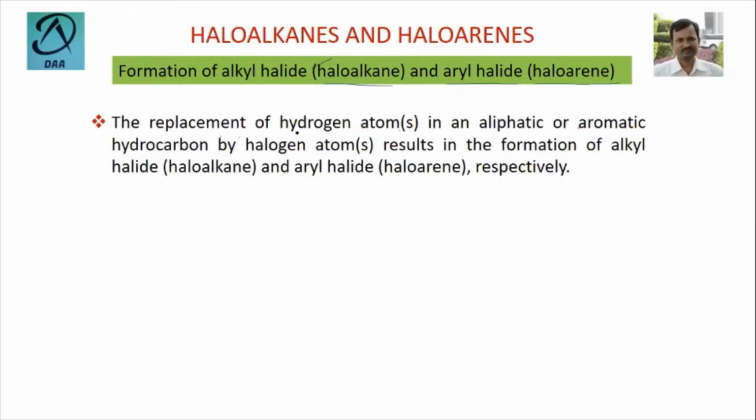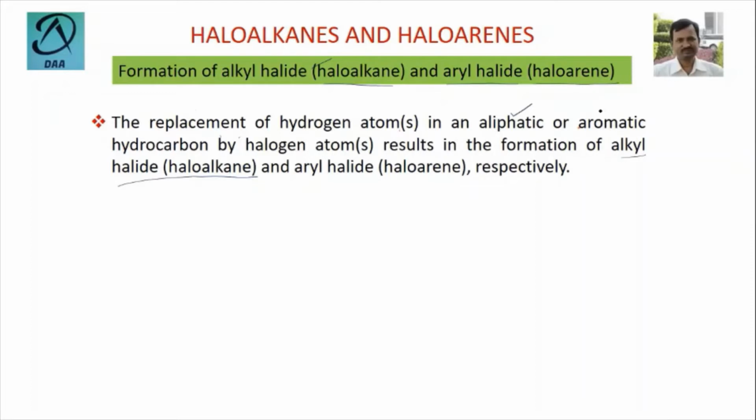The replacement of a hydrogen atom in an aliphatic or aromatic hydrocarbon by halogen atoms results in the formation of alkyl halides or aryl halides. That means when hydrogen is replaced in aliphatic hydrocarbons, it is called an alkyl halide or haloalkane.